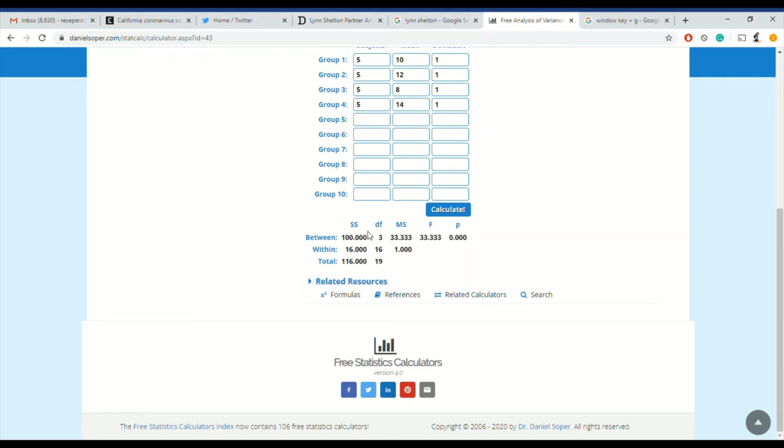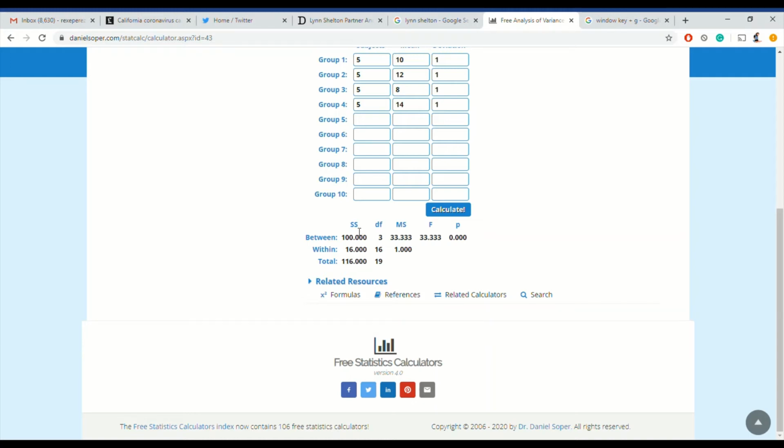What's 100 divided by 3? 33.333. Then second row going across, what is 16 divided by 16? 1. And then this last one's kind of weird. You're going to divide these mean squares. What's 33.333 divided by 1? 33.333.